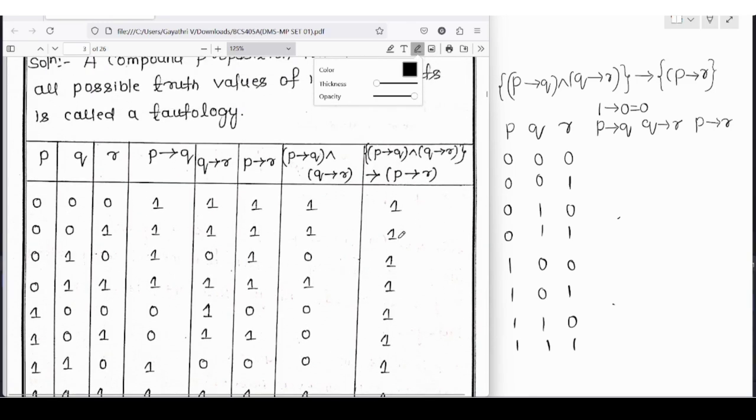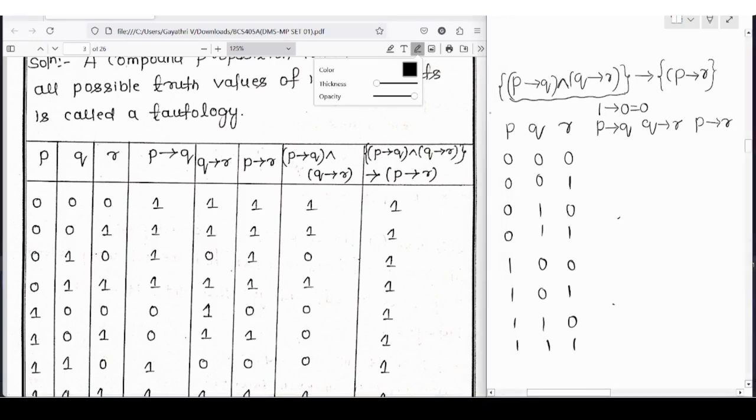Next, if you observe the proposition, we need to take P conditional to Q conjunction with Q conditional to R. For conjunction, if I have 1 conjunction 1, then its value will be 1; if not, it is 0 for all other truth values.